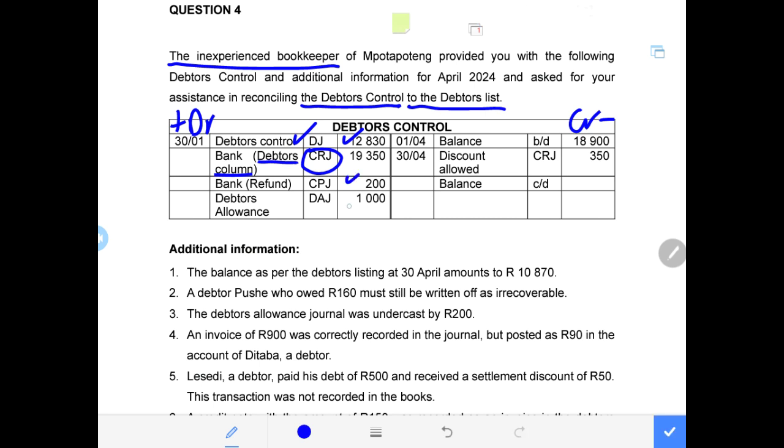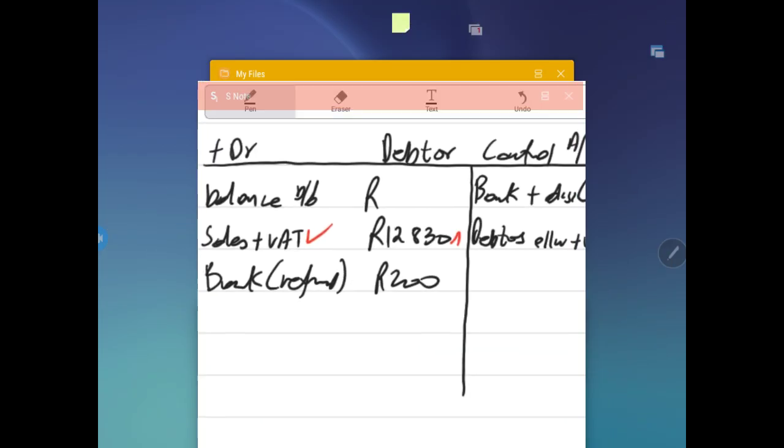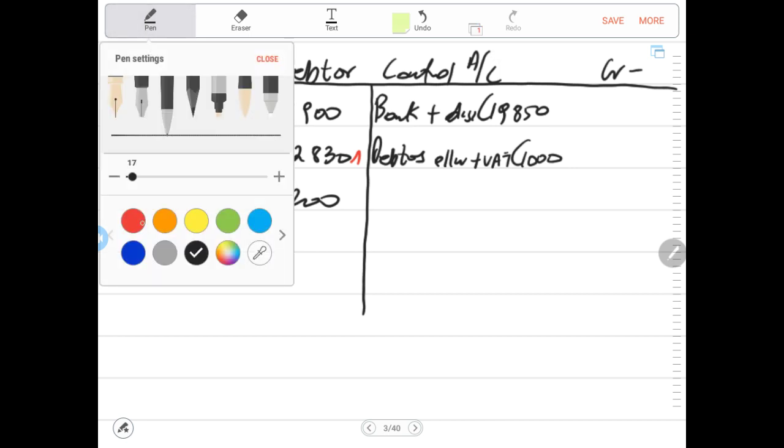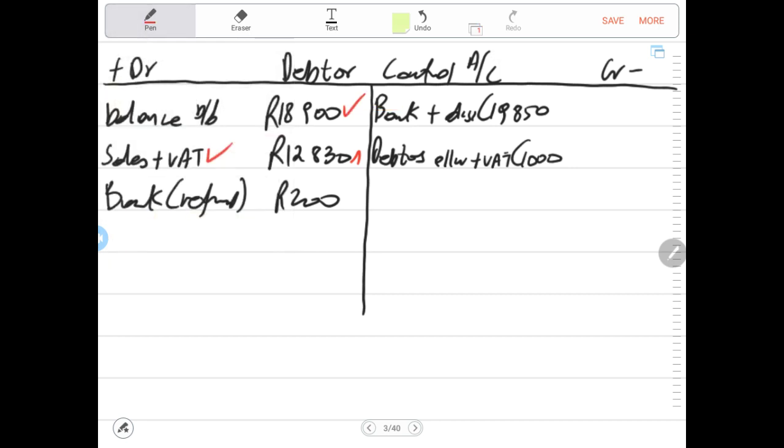So this one is sorted. Then now we go to the credit side. On the credit side, we see the opening balance of debtors is on the debit side. So the description is correct, but the opening balance of 18,900 is supposed to be on this side, 18,900. So we are also correcting the fact that the balance is on the wrong side, and you are grabbing the marks.